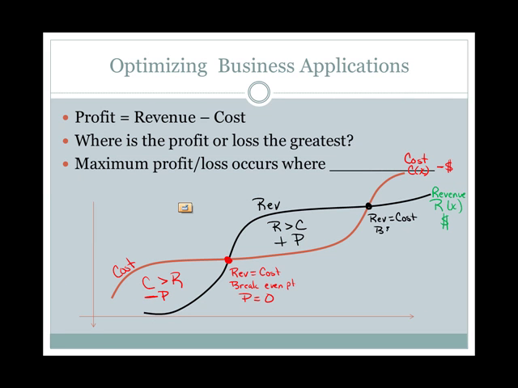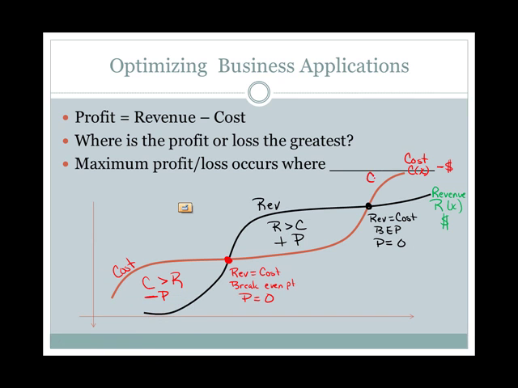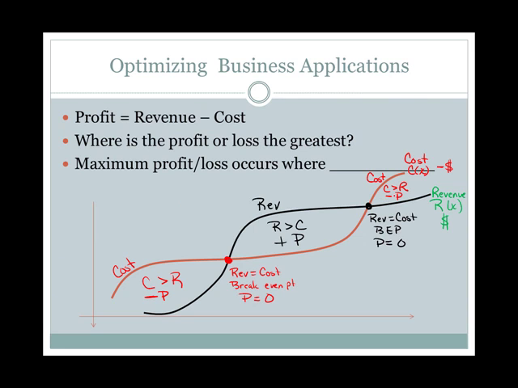So that's a break-even point, and our profit equals 0. And unfortunately, we have gone back into having higher cost here. So the cost is greater than the revenue. We are back into negative profit.